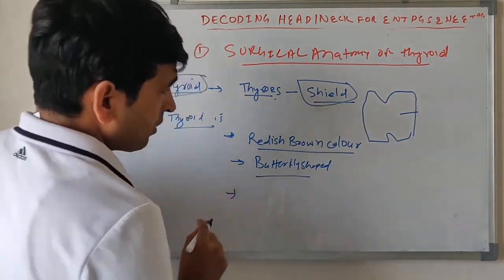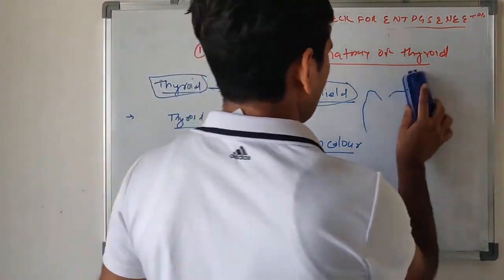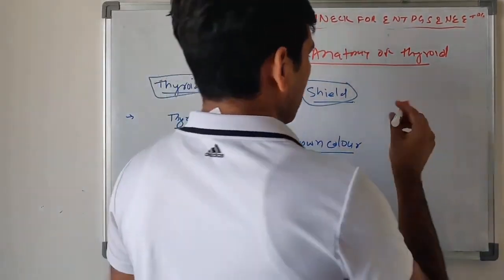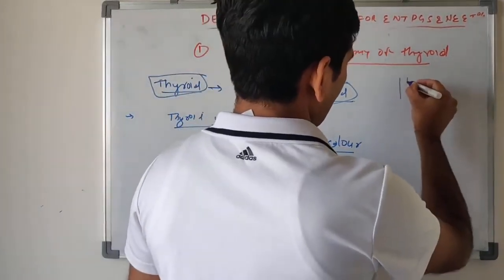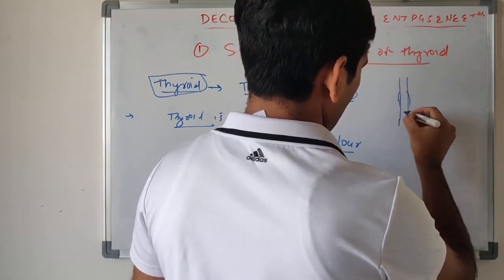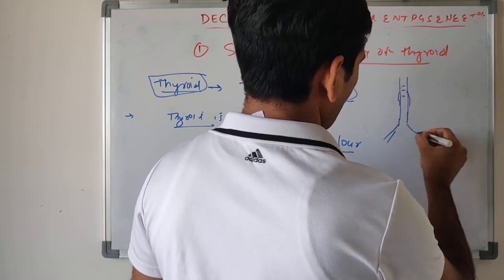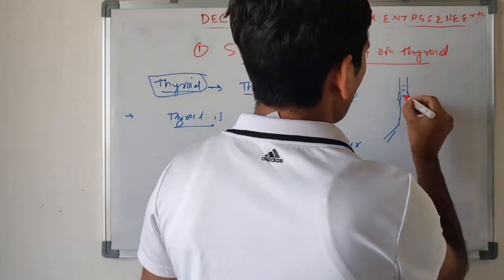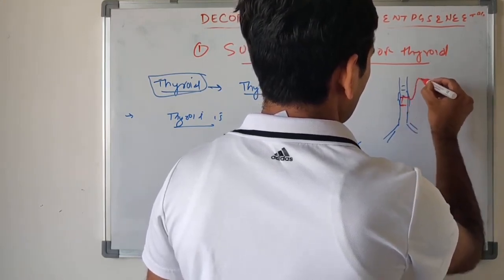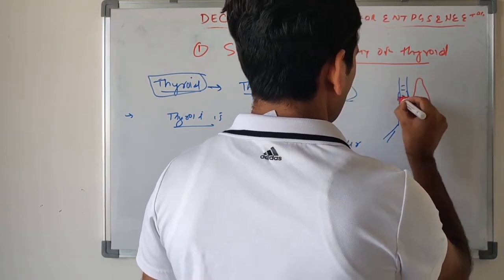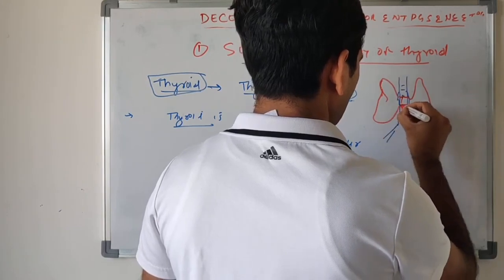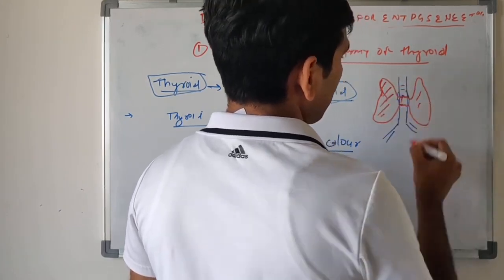If we talk about dimensions, this is the trachea. This is the butterfly shaped thyroid gland.